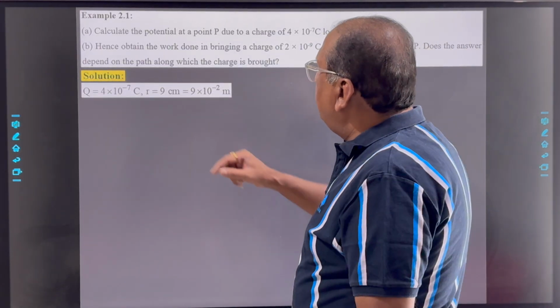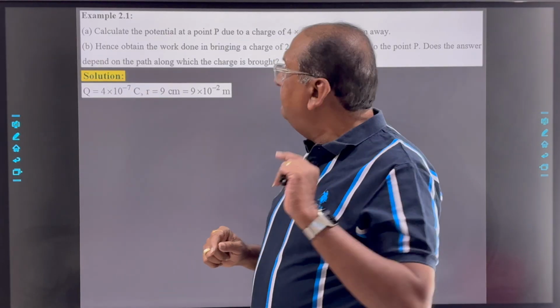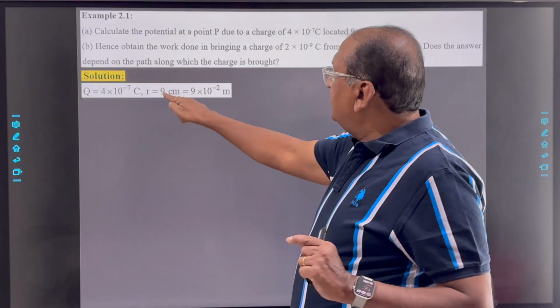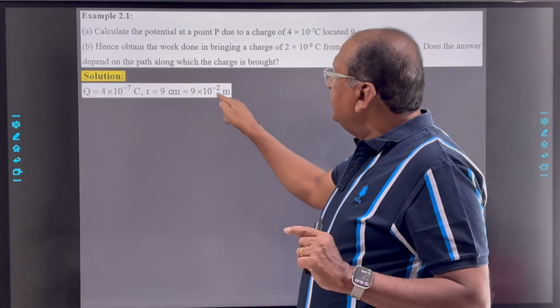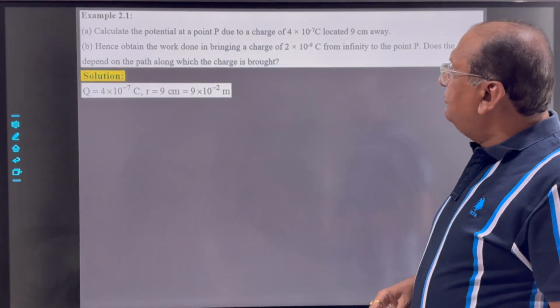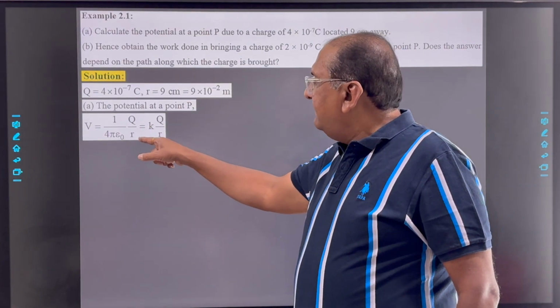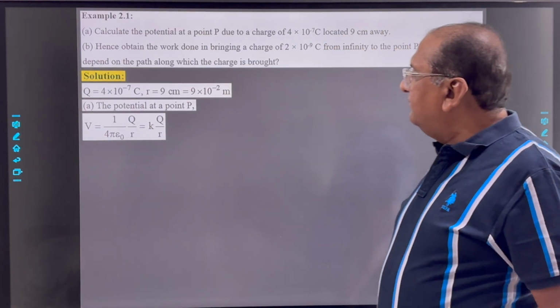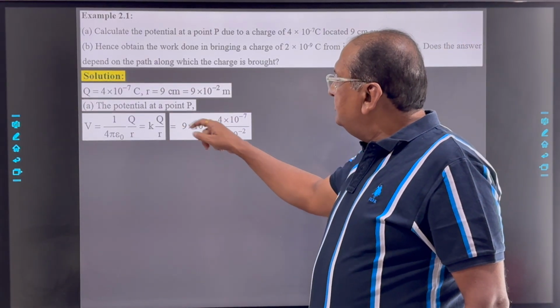Now charge given to you, that is 4 into 10 raised to minus 7 coulomb, and distance of the point from the charge, that is 9 centimeter. So that is 9 into 10 raised to minus 2 meter. Now potential, that is kQ upon R. So substitute the values of k, Q and R. k, that is 9 into 10 raised to 9.